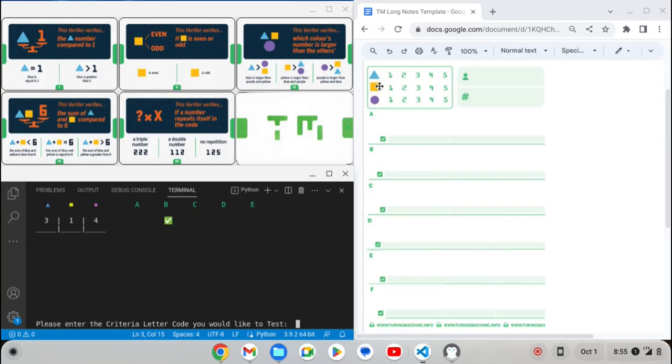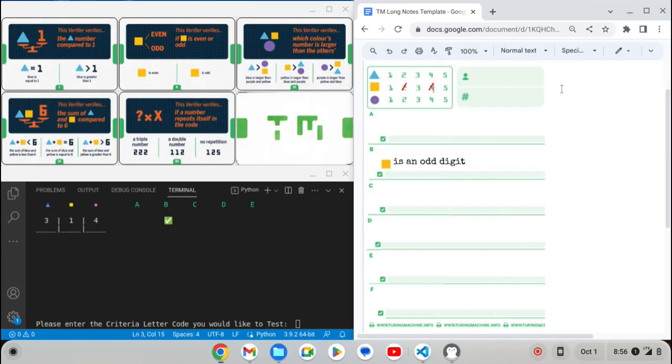So let's go ahead and type that up in our notes in section B. And that is that square is an odd digit, and since it is odd, let's go ahead and cross out all of the evens. So crossing out the number 2 and the number 4.